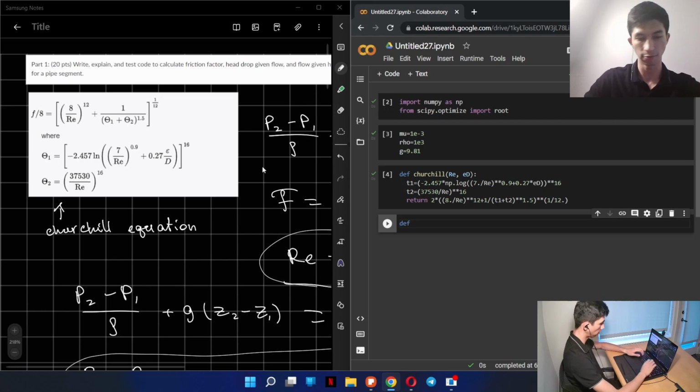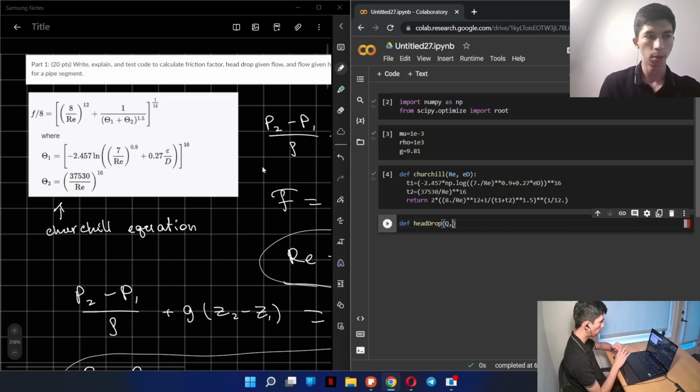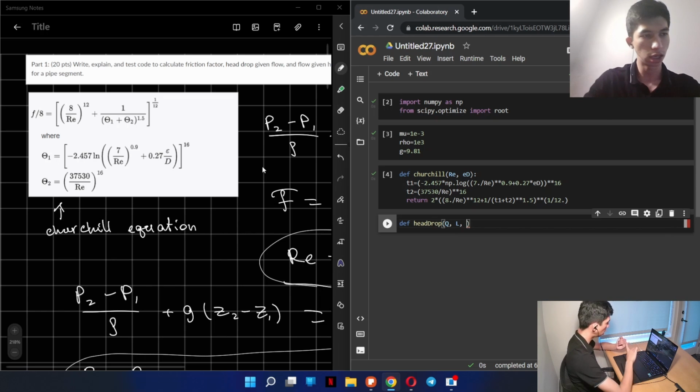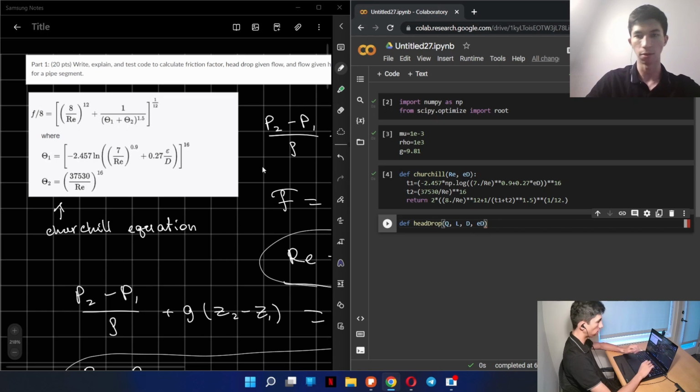Let's define a function and call it head drop. What values is that going to need? It's definitely going to need a flow, and also the length, so let's call it L. And what else? It is going to need the diameter of a pipe and the roughness of a pipe, right?